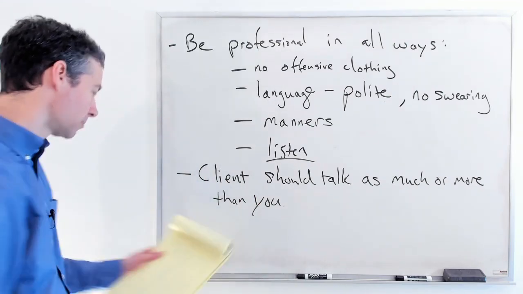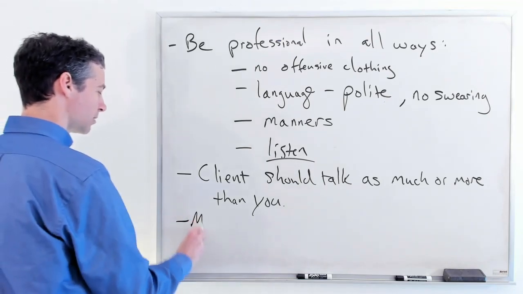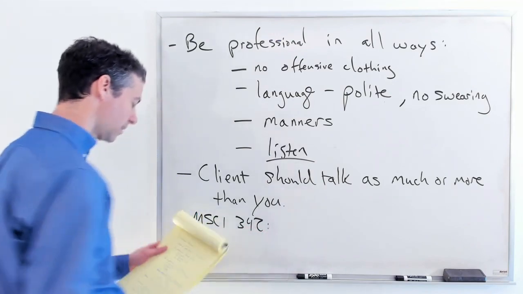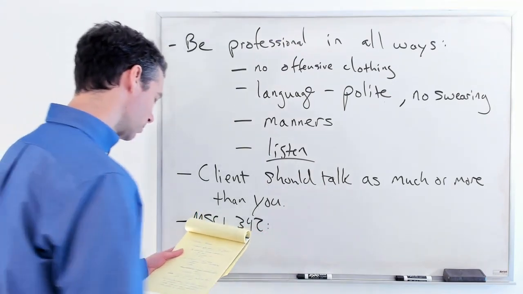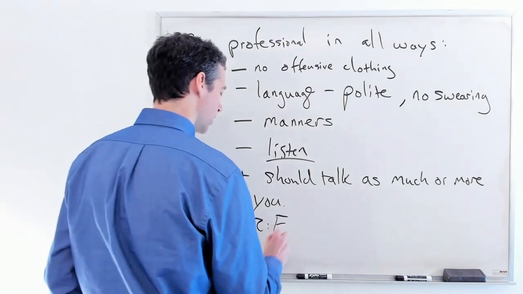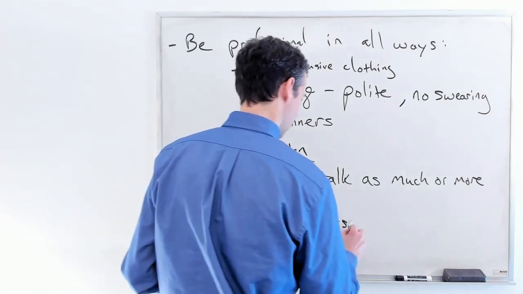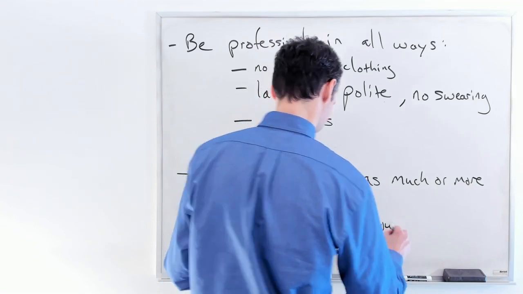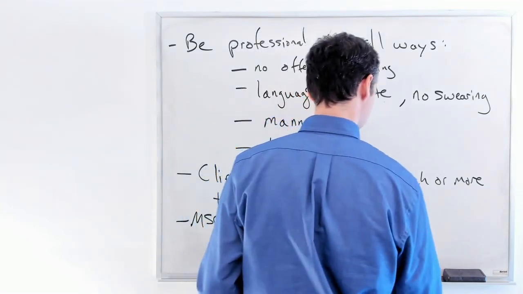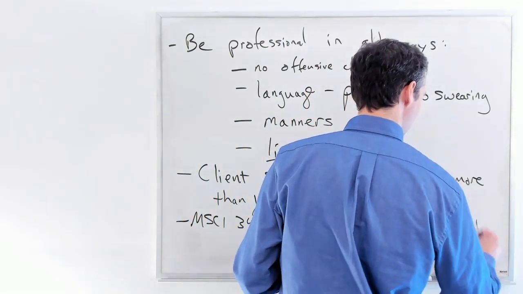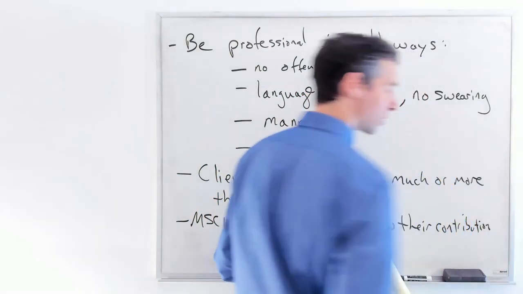All right. And then this is something for MSci 342, although it's not a bad thing for the real world. We would really like each person to show their own contribution as possible. So I know we're going to have multiple people work on something.